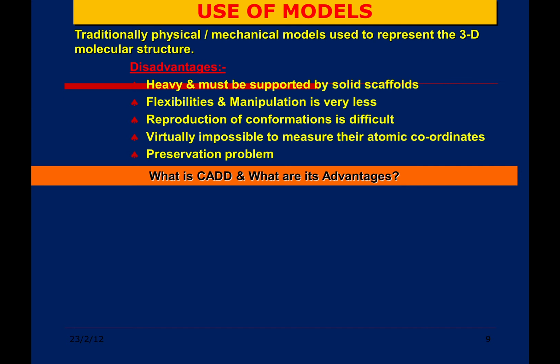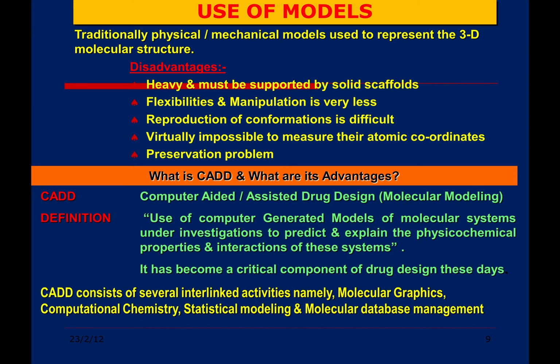Let us understand it. I am going to explain almost 10 of its advantages in the next part. So the definition is the use of computer generated models for molecular systems under investigation to predict and explain the physicochemical properties and interaction of these systems, that is the ligand receptor.